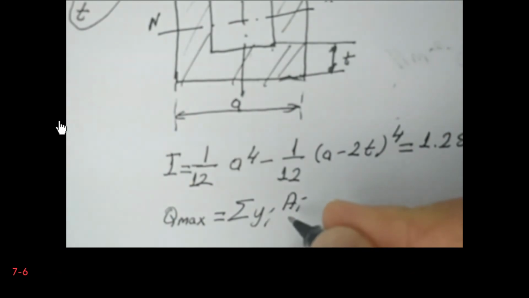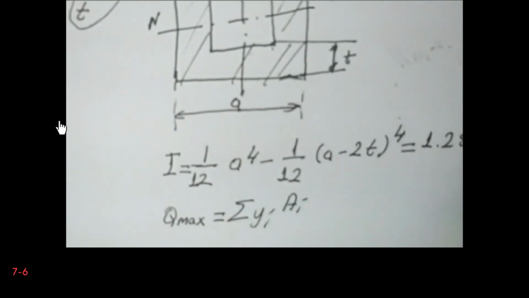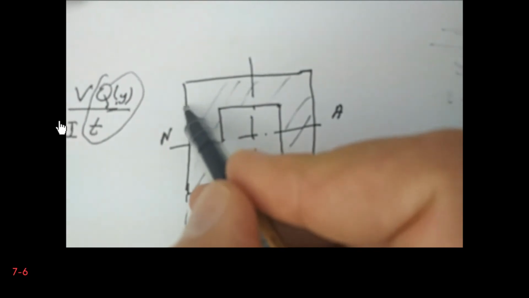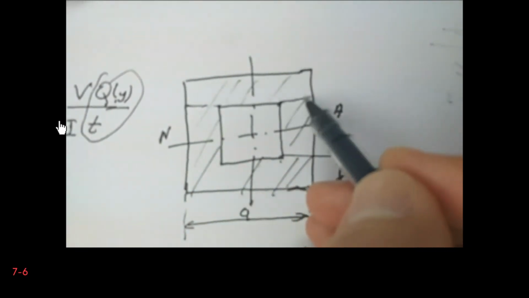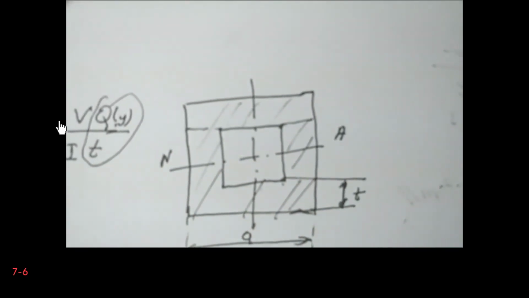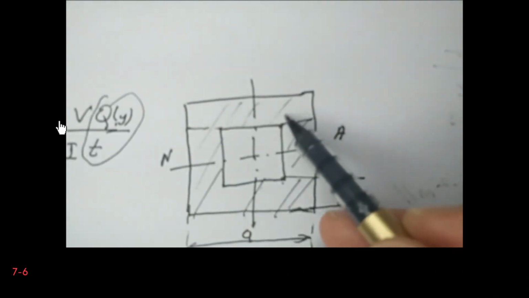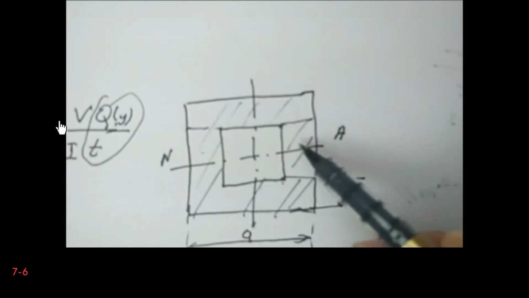Now let's return back to the cross section again. We can easily divide the cross section above the neutral axis into 3 parts: 1 rectangular horizontal part and 2 small square parts.